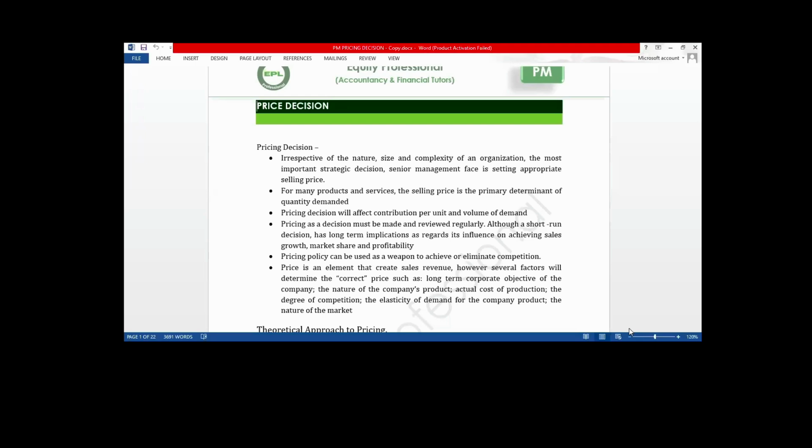Government can also provide transport services at a subsidized rate.